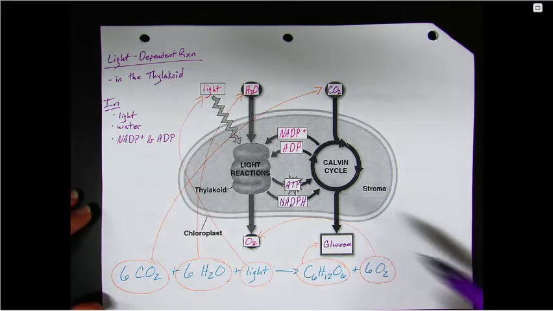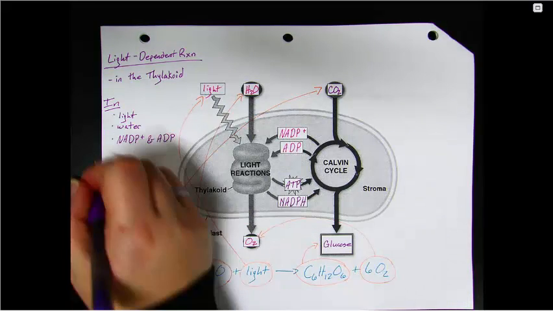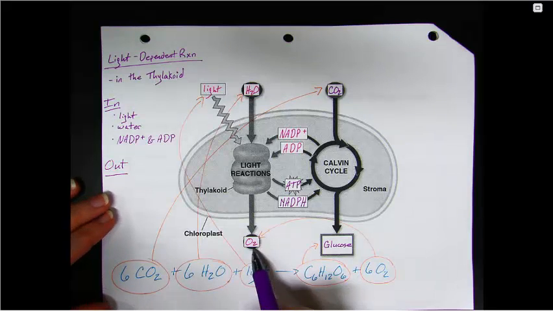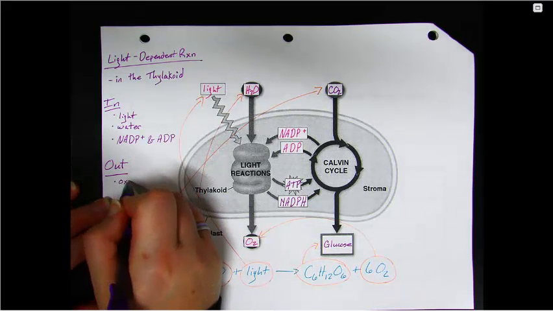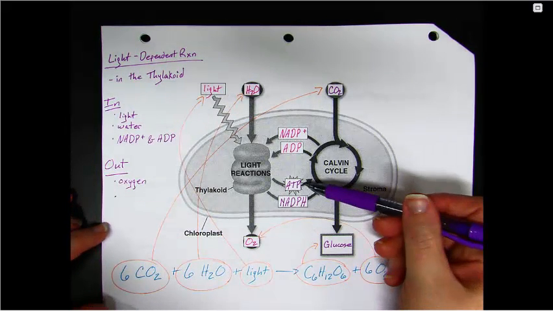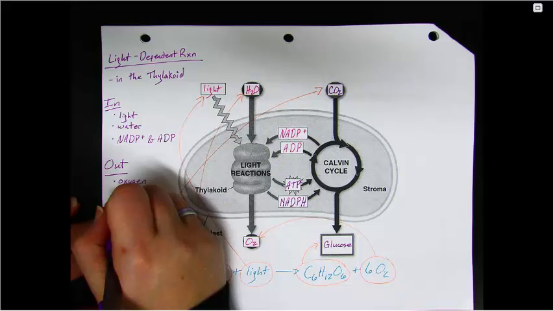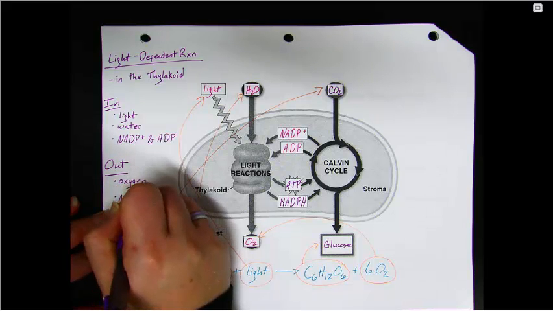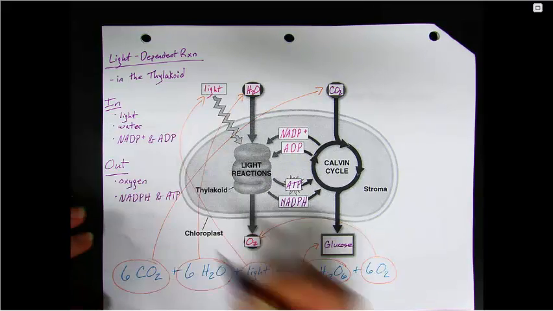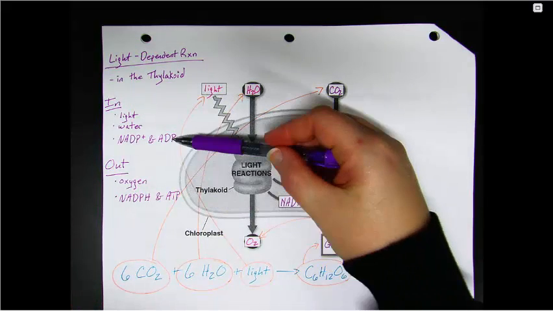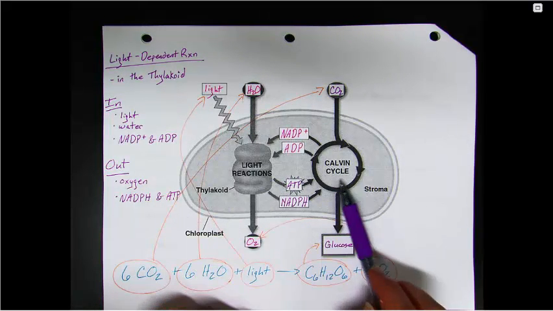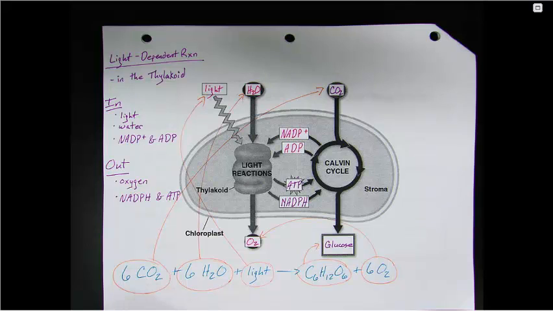If we look at what comes out of the light reactions, we produce oxygen and we produce some ATP and the NADPH. Again, these energy carriers are going to be cycled between the light reactions and the light-independent reactions.